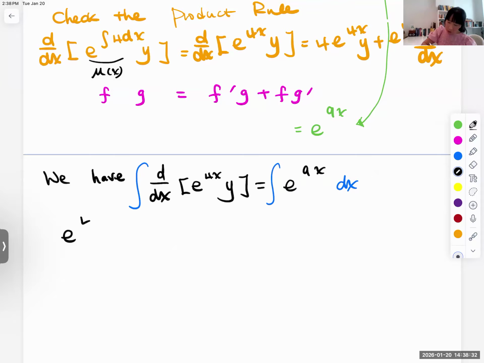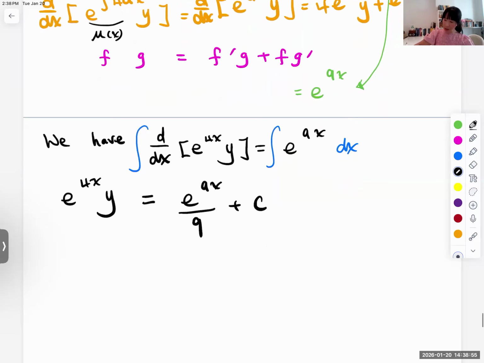So it will be e to the 4x y equal to, on the right side, the antiderivative: we keep the exponent and divide by the new power, instead of multiplying, so 1 over 9 e to the 9x, plus c. Since y is there, we divide by e to the 4x.